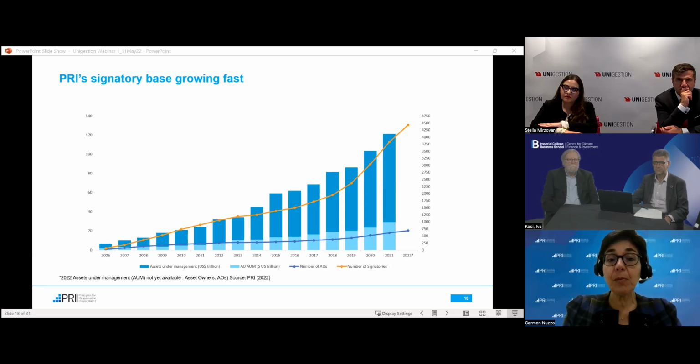We count at the moment nearly 5,000 signatories, of whom 76% are asset managers, 14% are asset owners, that is pension funds and insurance funds, and the rest is service providers. And these investors collectively, as of 2021, managed over $120 trillion. 50% were invested in equities, 40% in fixed income, and the rest was in real assets.